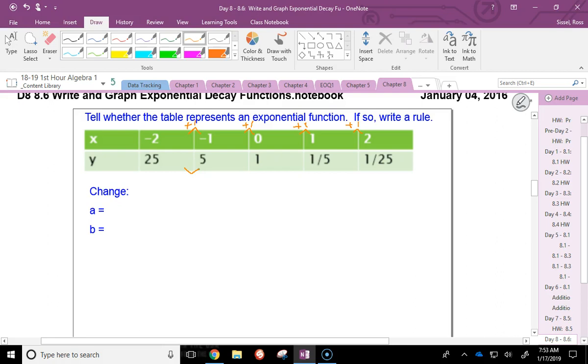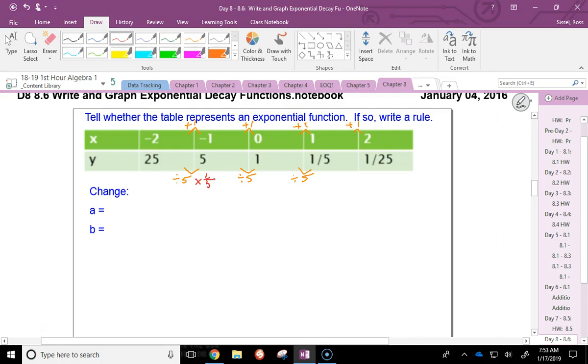It's dividing by 5. Now, we are not going to write it as dividing by 5, though. We want to write it as a multiplication statement. So instead of saying divide by 5, I can say multiply by 1/5. Good. So we're going to say instead we're going to multiply by 1/5.